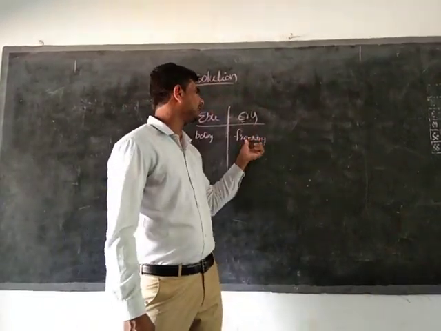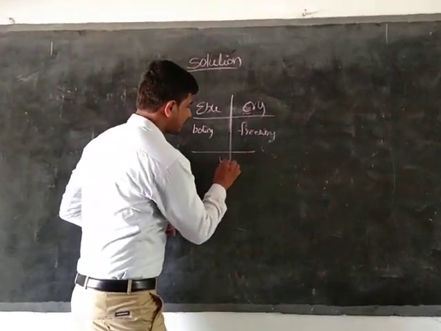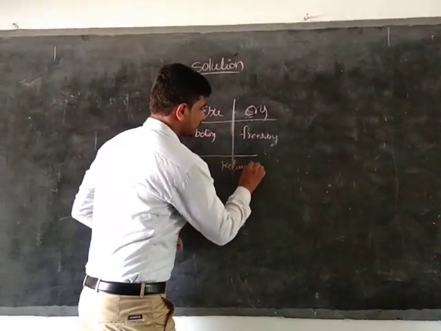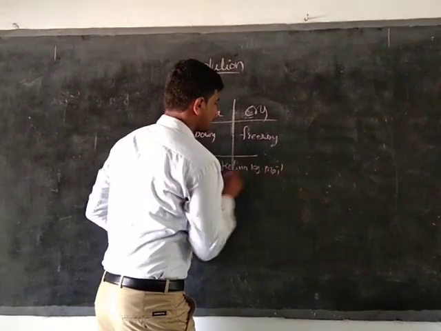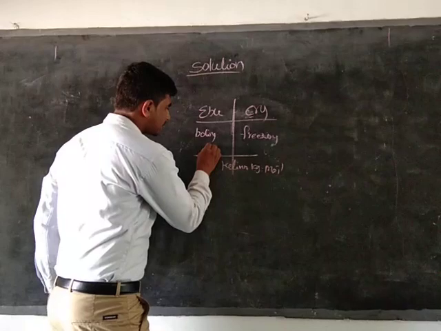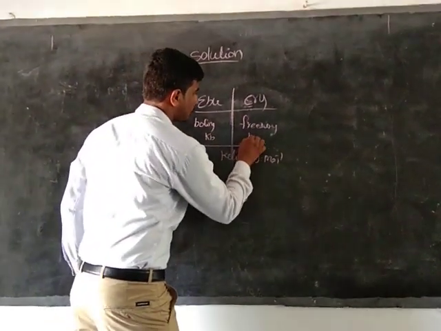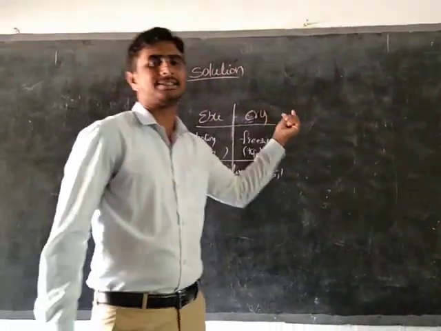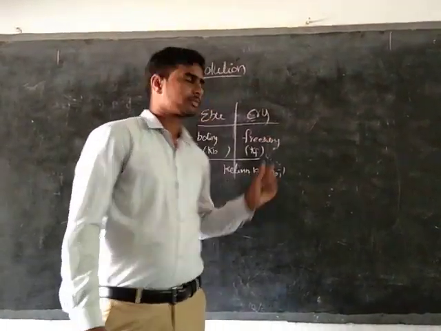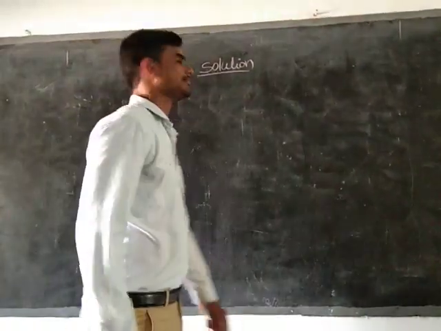Units are Kelvin kilogram mole inverse. Ebullioscopic is denoted by Kb, cryoscopic by Kf. Next, Henry's law.